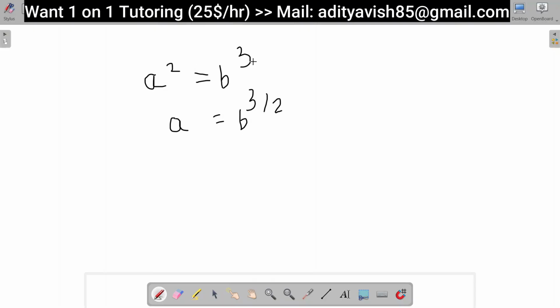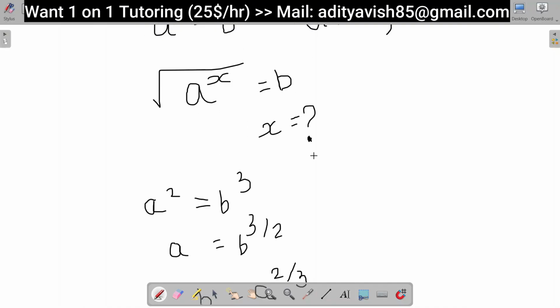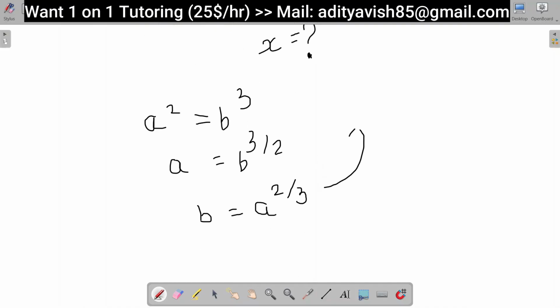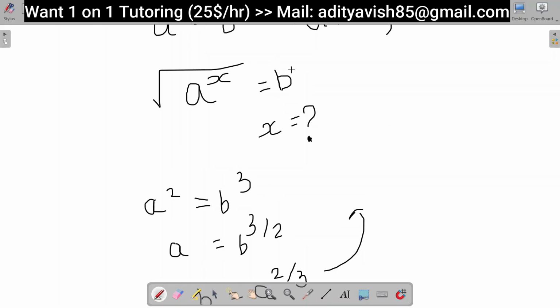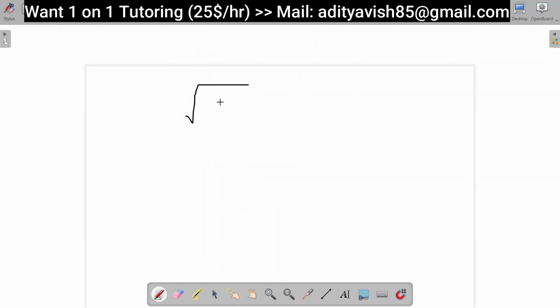So we can also write b is equal to a raised to power 2 by 3, just by taking the 3 under root on both sides. If we take this, this will cancel out and this will become 2 by 3.